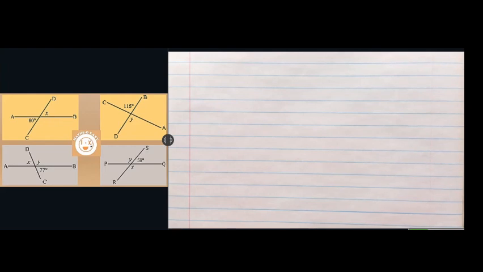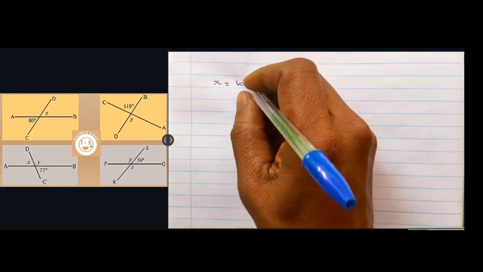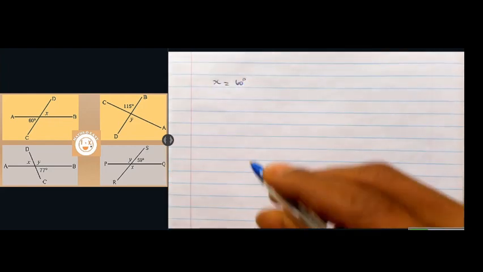Right. So in an exam, these ones. We have on the left there with my cursor, this one A, B, C, D with a 60. That's what I'm going to start. Then I'm going to go to this one with a 115. In an exam, they give you this one. They say solve for the missing variable. What is x? You can simply say x is equals to 60 degrees.